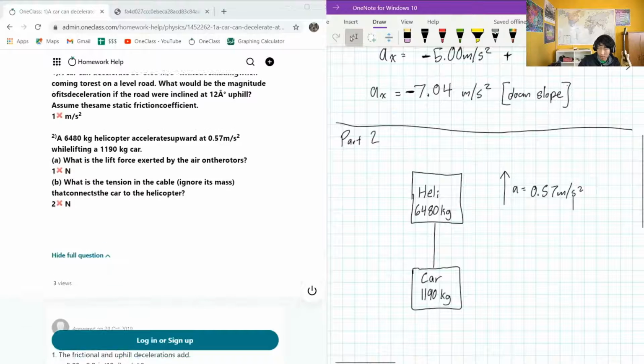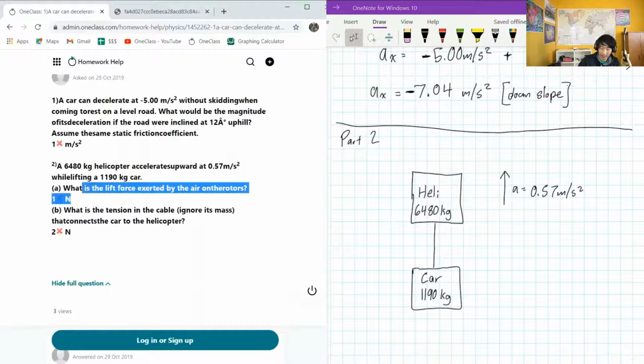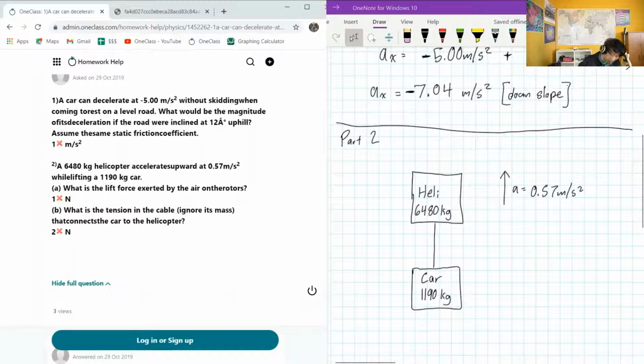So the first part of the second question is: what is the lift force exerted by the air on the rotors? The forces that we have here are the rotor force, let's call that FR; FGH, the gravitational force from the helicopter; and the gravitational force of the car, FGC.